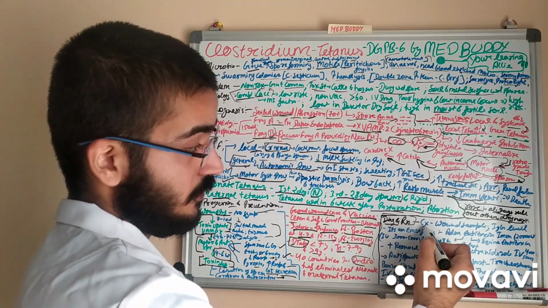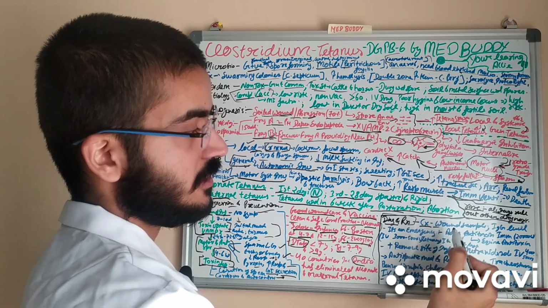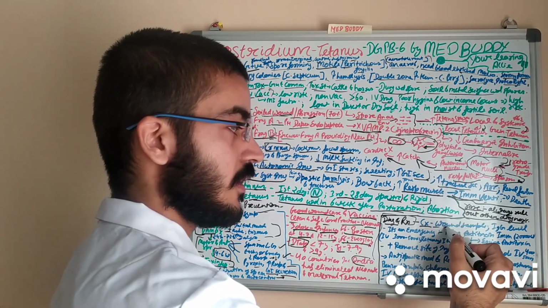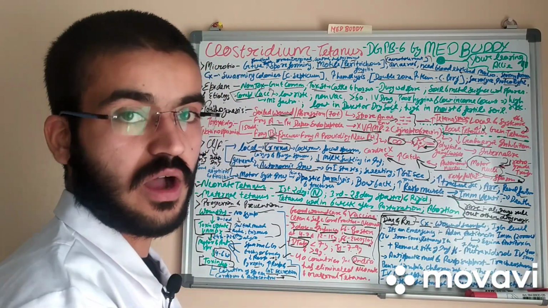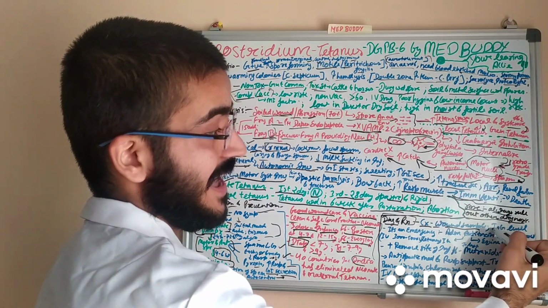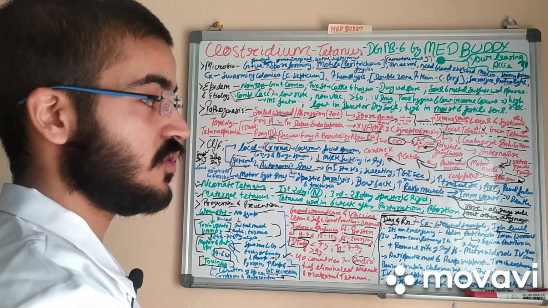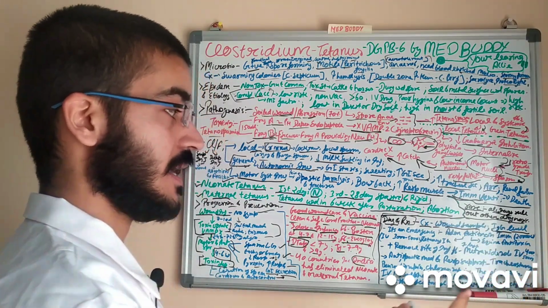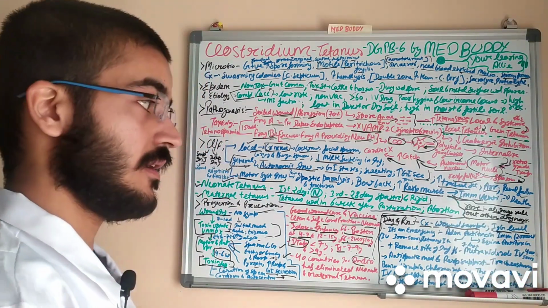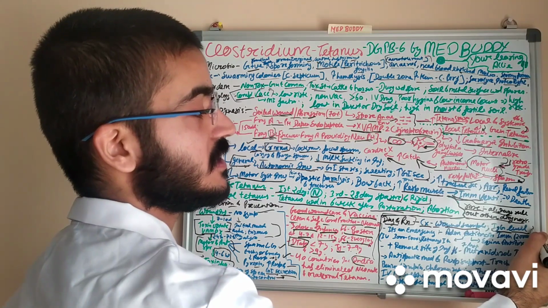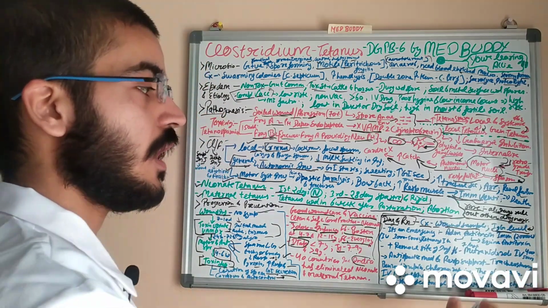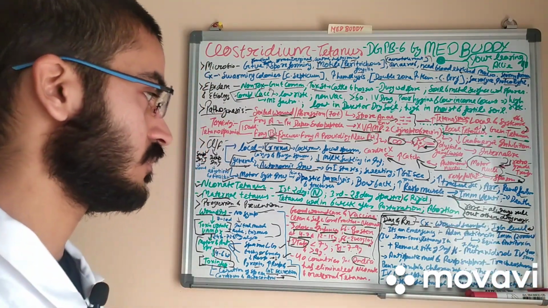For confirmation, we can do a culture, and the sample will be taken from the wound, and we can check IgG levels, immunoglobulin G antibody levels against tetanus, but generally it does not rule out the diagnosis.